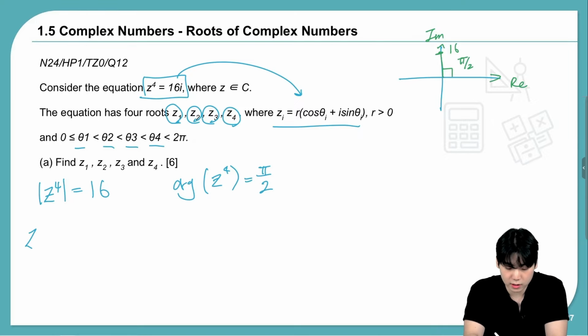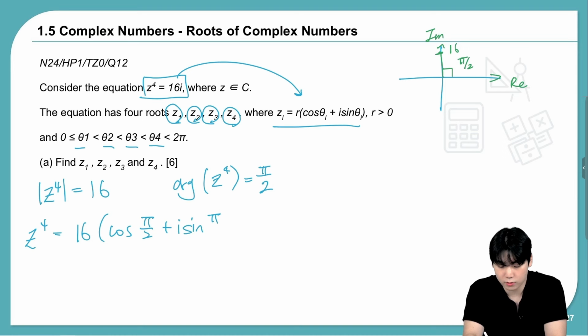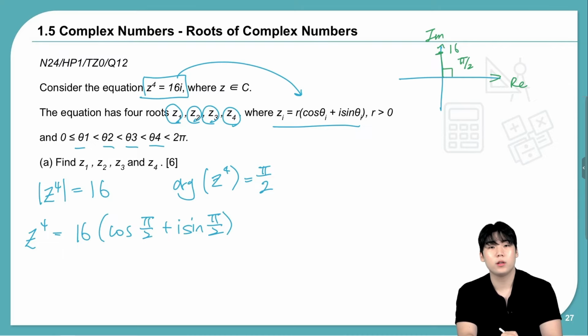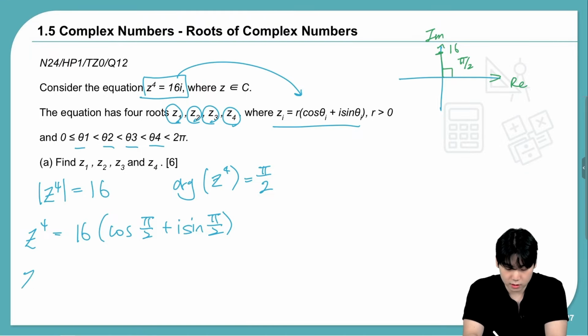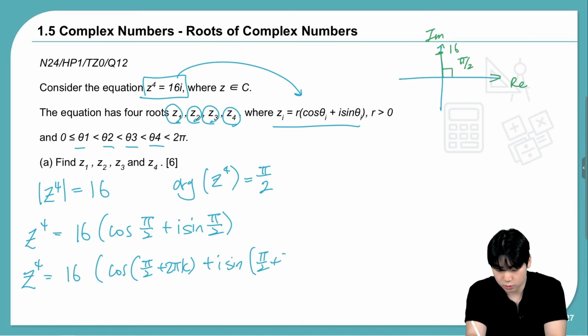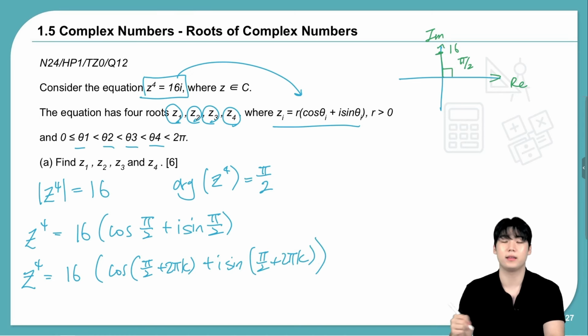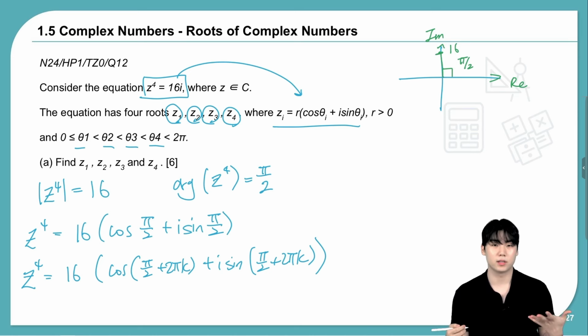Okay, so to express z to the power 4, it is 16 cosine pi over 2 plus i sine pi over 2. But when we want to find the roots of unity, we have to add 2 pi k, remember? So I can express the whole thing as 16 cosine of pi over 2 plus 2 pi k plus i sine of pi over 2 plus 2 pi k, because for every 2 pi, it doesn't change the value of the sine itself.